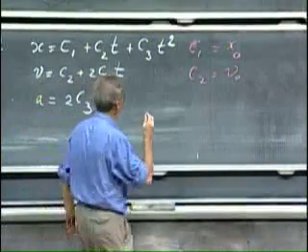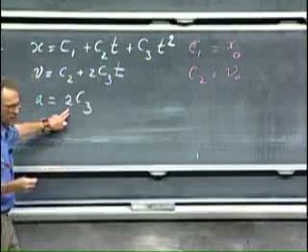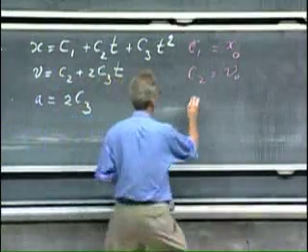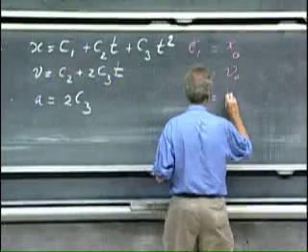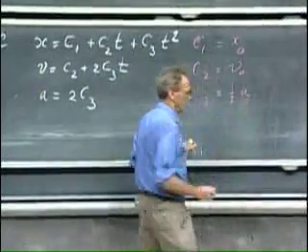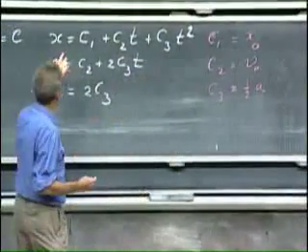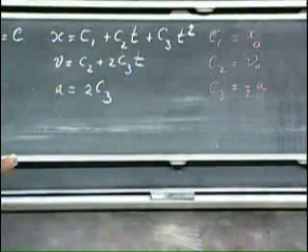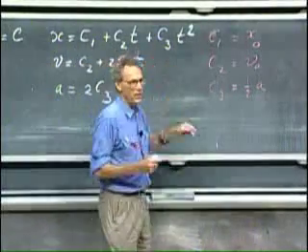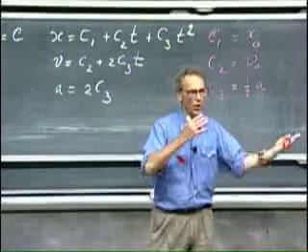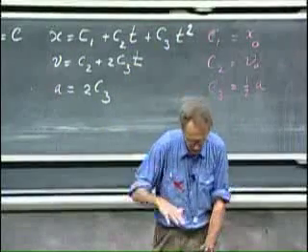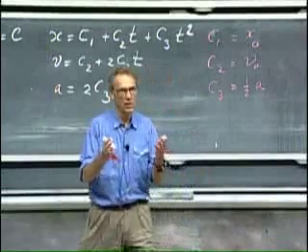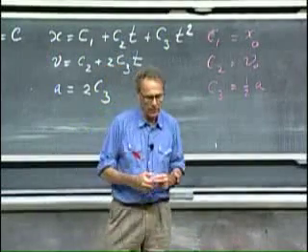And the acceleration is not changing with time, it is 2c3, therefore c3 is half the acceleration. So this gives you some insight in the meaning of these quantities, and you can read some physics in there. C1, C2, and C3 can independently be either 0, or larger than 0, or negative. Makes no difference. Each one of these combinations is a valid possibility in physics.